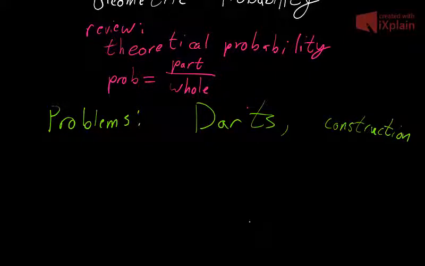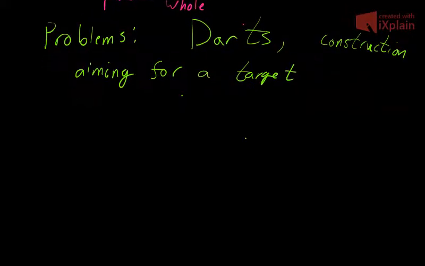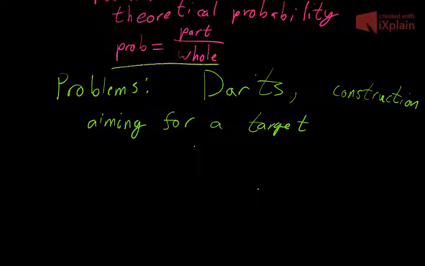But anyways, basically it's going to look like we're aiming. Aiming for a target. And we're going to be asking what's the probability of hitting this part of the target. So if we follow our formula we already knew, the probability of something is going to equal the part that we want divided by the whole thing.